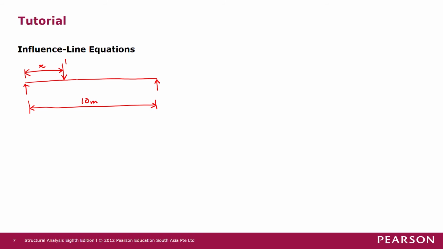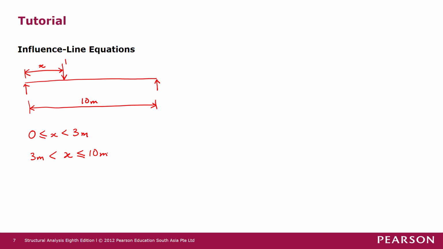So we have to get our shear force equation for x greater than 0 but smaller than 3 meter. Another condition is when x is greater than 3 meter and smaller than 10 meter.